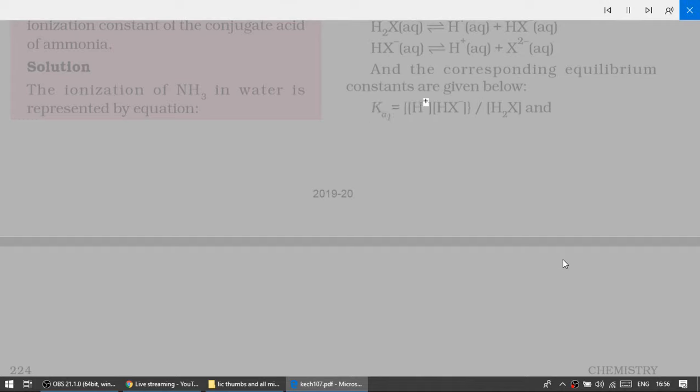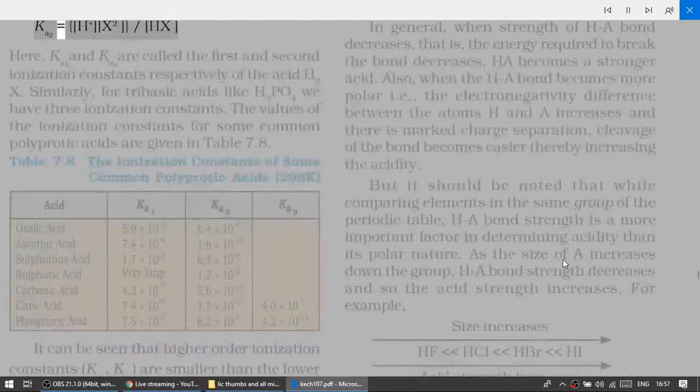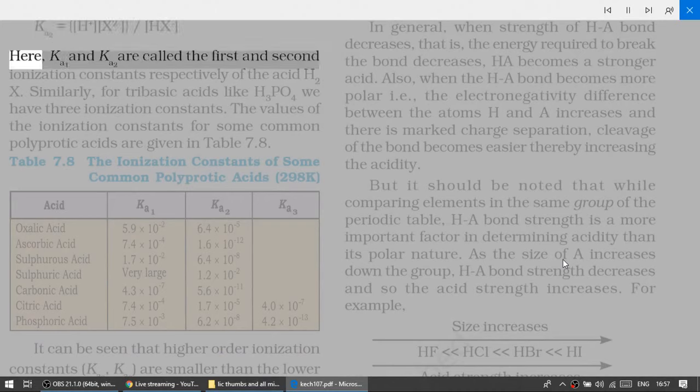K1 is equal to [H⁺][HX⁻]/[H2X], and K2 is equal to [H⁺][X²⁻]/[HX⁻].